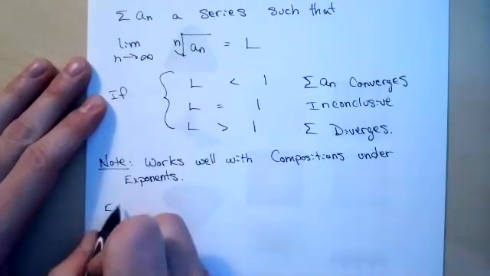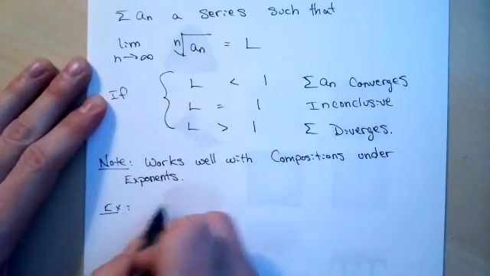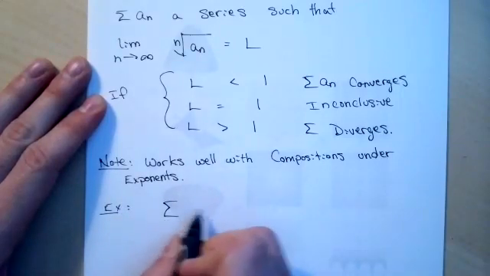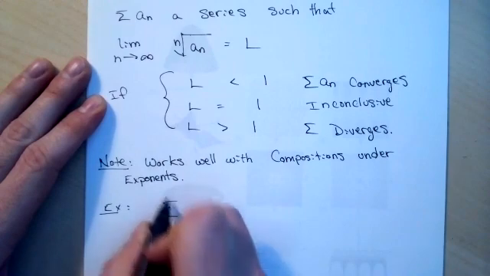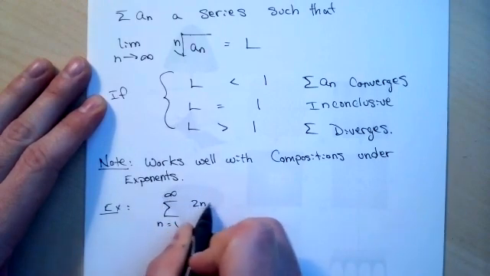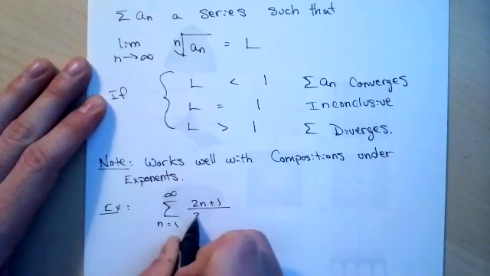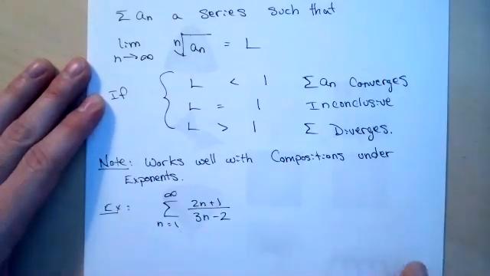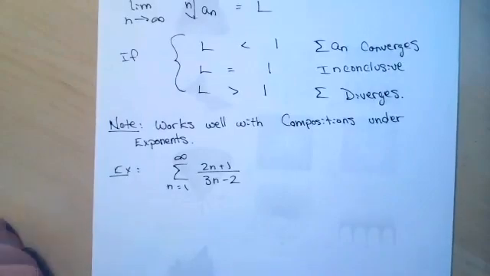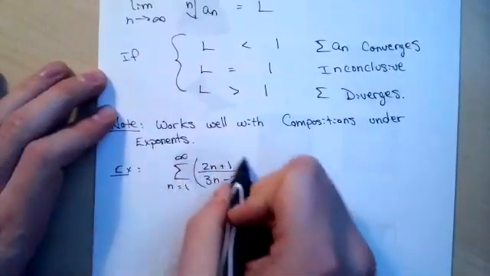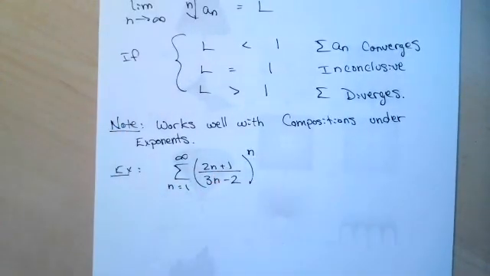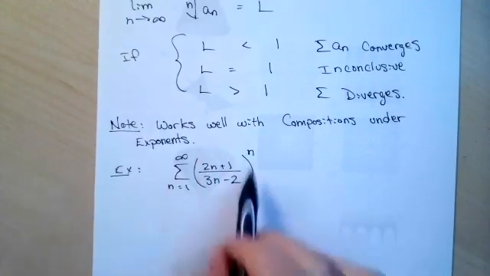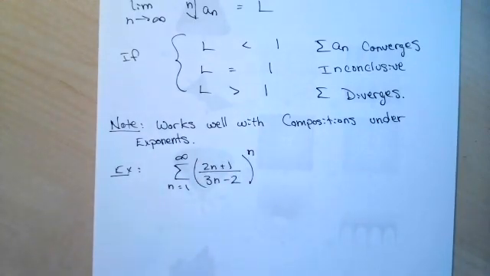So, for example, let's say I want to do a series of 2n plus 1 over 3n minus 2. We know how to do that one. But now let's say I raise all of that to the n. So in other words, we have a linear or a rational expression now composed with an exponential function.